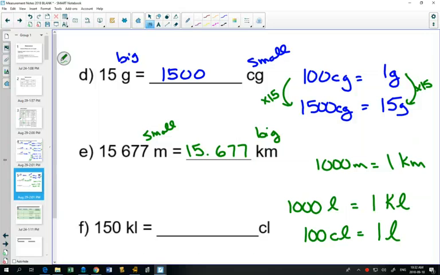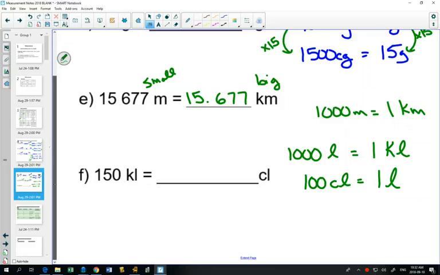So sometimes what you might want to do in a situation like this is take an interim step and do one conversion first. Maybe I take my 150 kiloliters and say, I know that that would be how many liters.